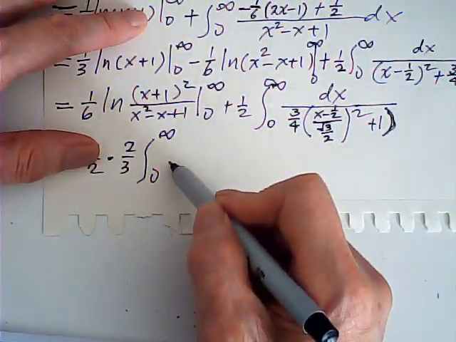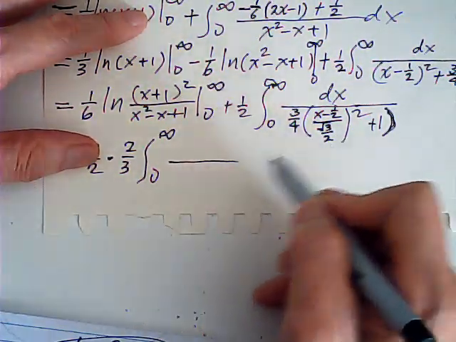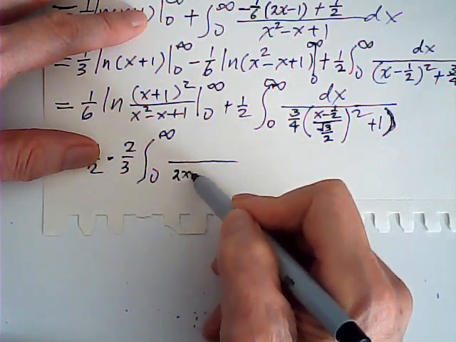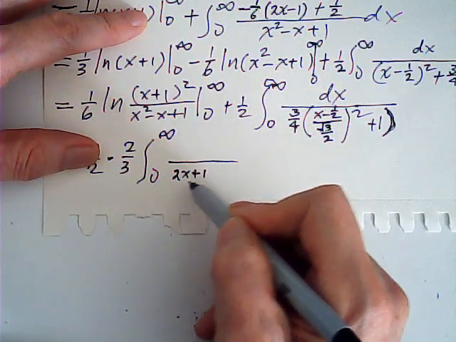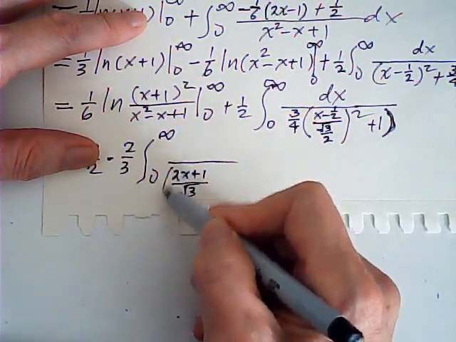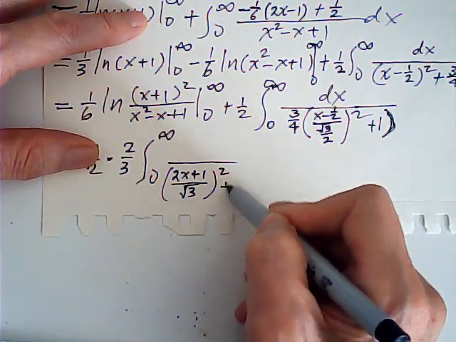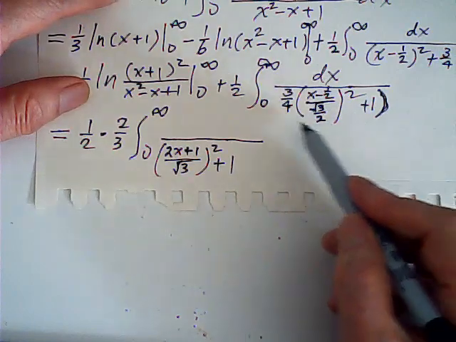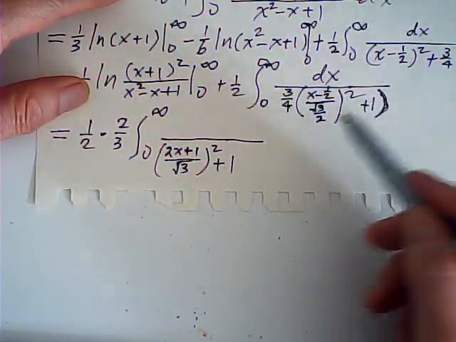And the denominator will be 2x plus 1 over root 3 squared plus 1 after this, right?